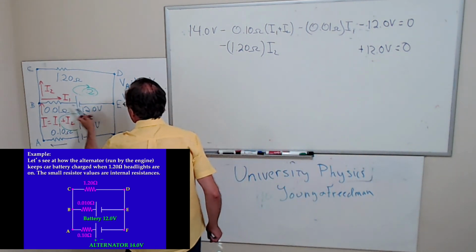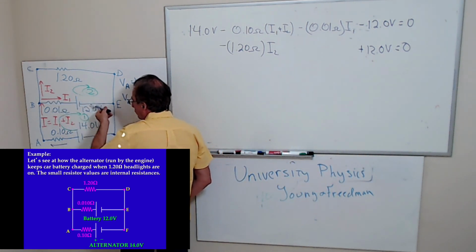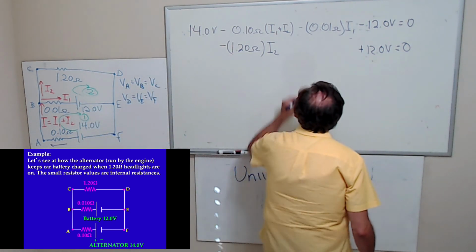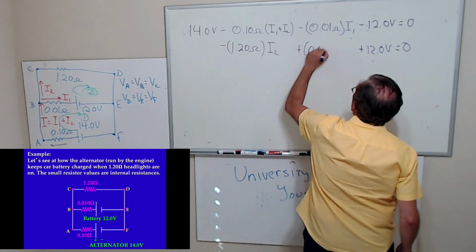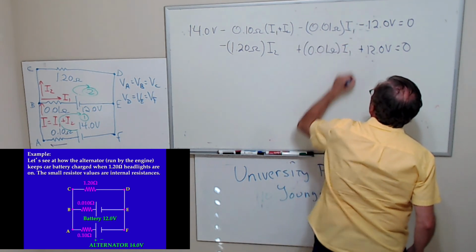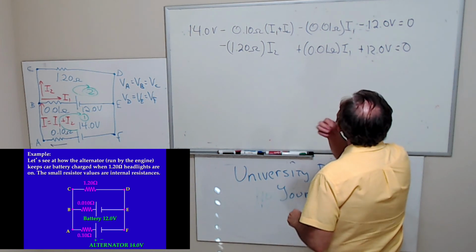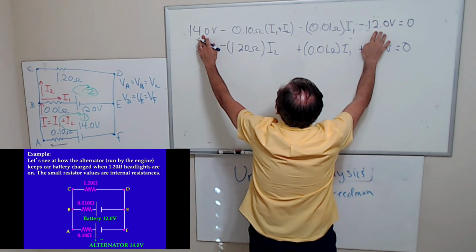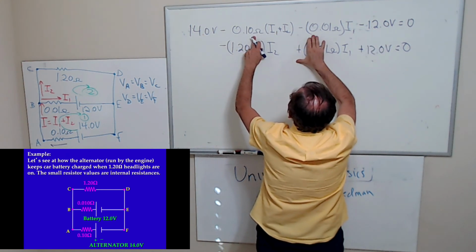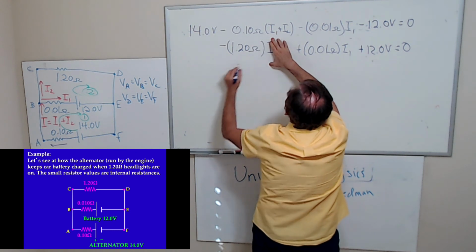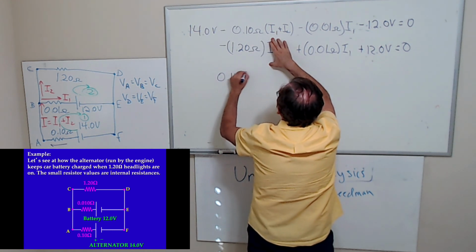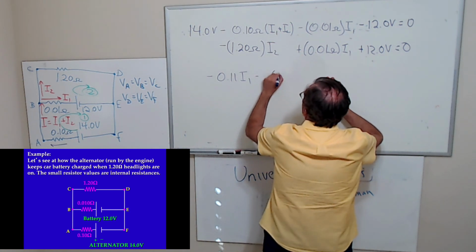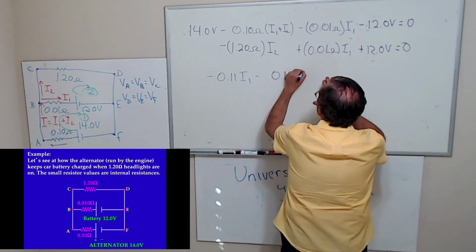And then I'm going against I1, and if I'm going against I1, that's a voltage gain. So let me simplify these two equations. 14 minus 12 is 2. Let me simplify this one too. I'm not going to write the units in, sorry.